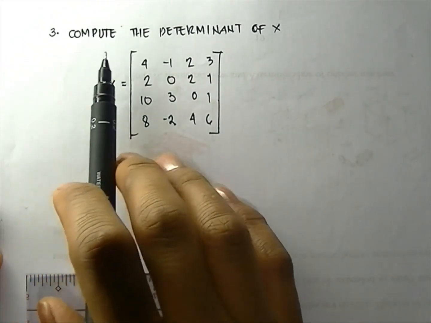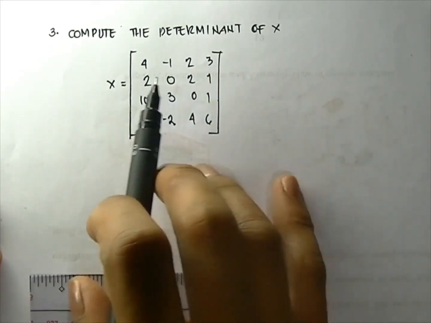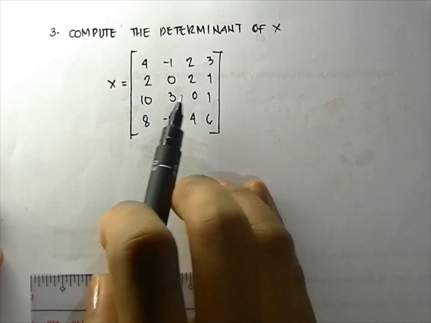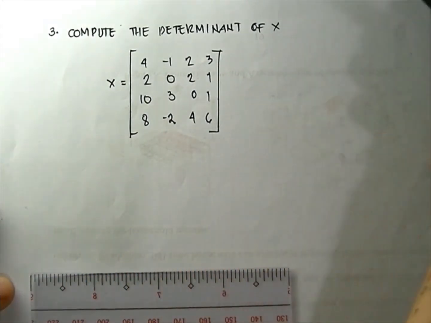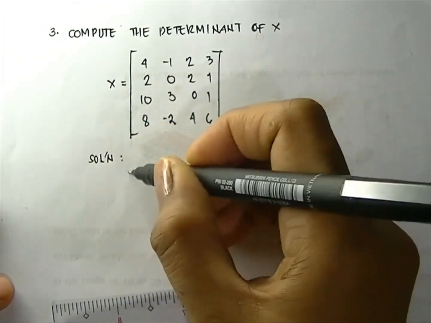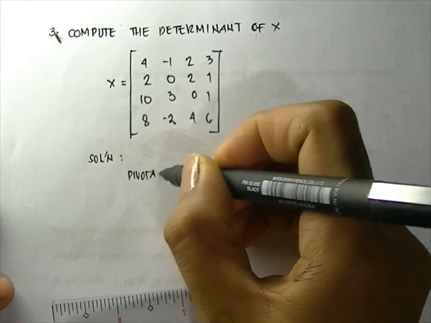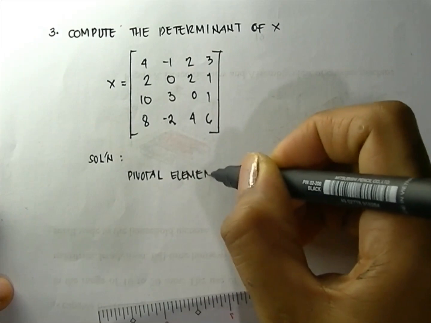Number 3, compute the determinant of X. X is 4, negative 1, 2, 3, 2, 0, 2, 1, 10, 3, 0, 1, 8, negative 2, 4, and 6. So, to solve this, I use the pivotal element method.